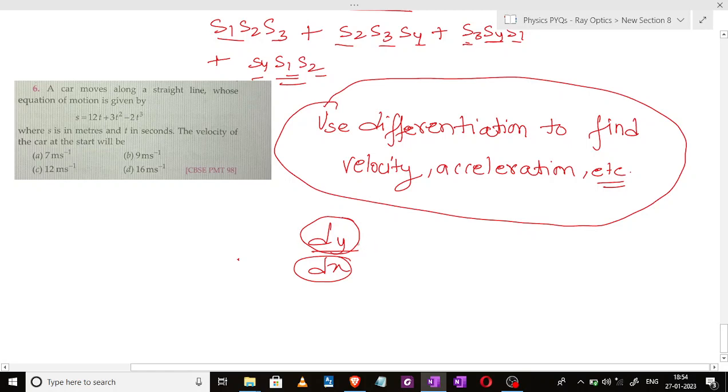So it's the change in y due to a very small change in x, instantaneous, or the limit going down.